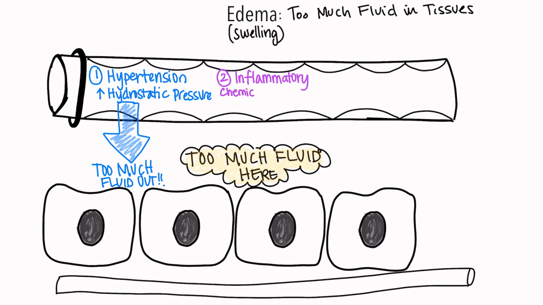So inflammatory chemicals open big gaps between the endothelial cells, and you can have histamine that causes that. Also, prostaglandins can cause this. Those also affect nerve endings and can cause pain. So then we're going to have too much fluid being able to get out between the cells.